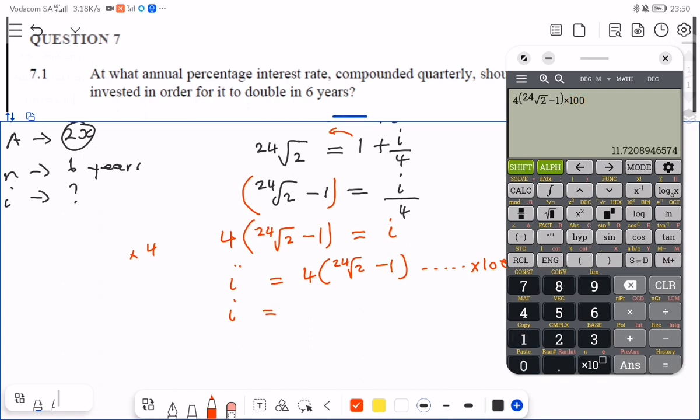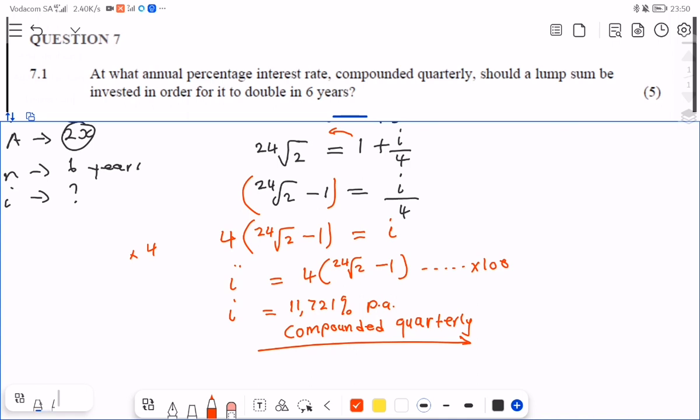So it's going to be 11.721% per annum, compounded quarterly. This is how we calculate it, guys. 5 marks.